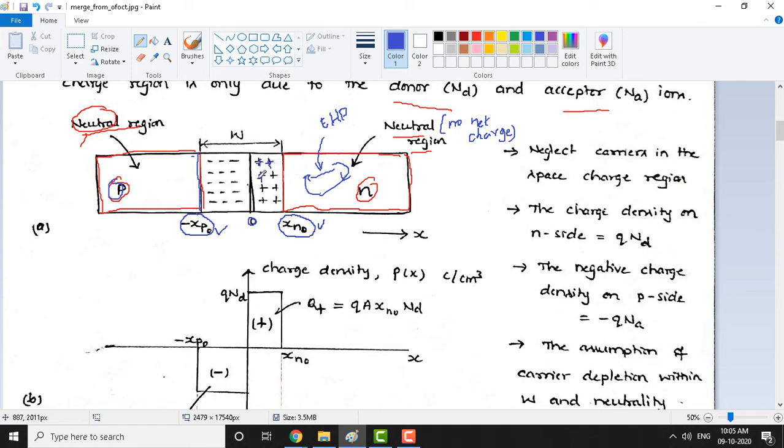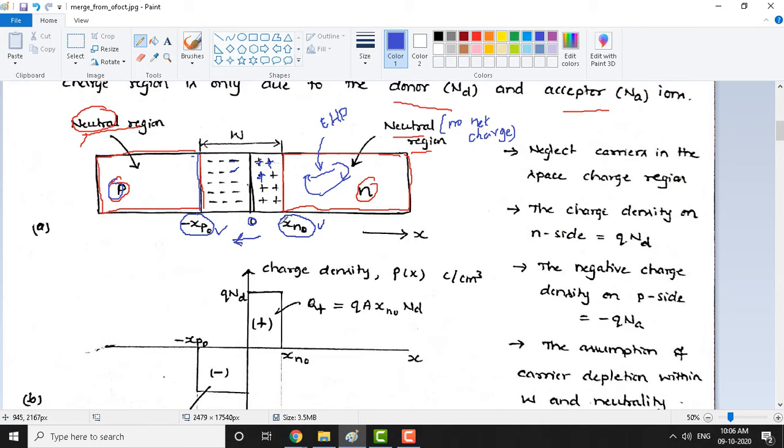They have donated electrons; electrons were in this position earlier, before charge carrier movement. Now the electrons have left, so these have become positive ions. This complete region is filled with positive charges, and on the other side it is filled with negative ions, not charges. These are all immobile, so these negative ions will not move, but they create an electric field. The electric field is from n to p. This is the direction of the electric field.